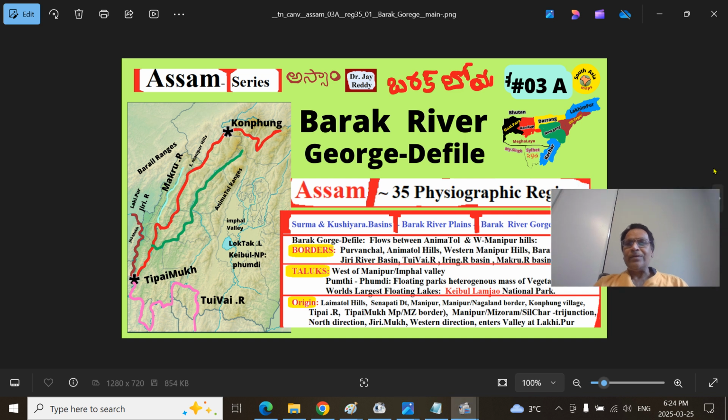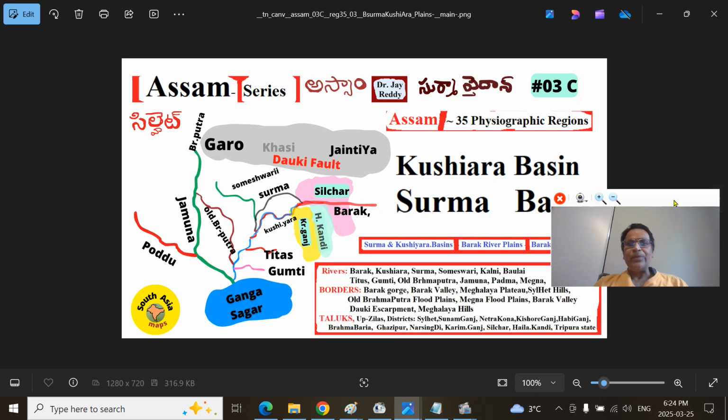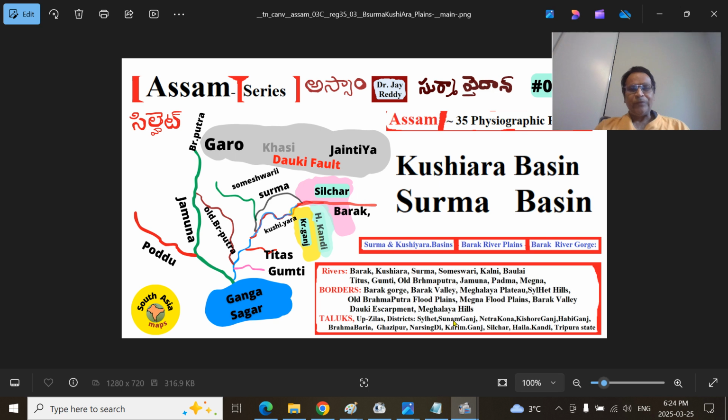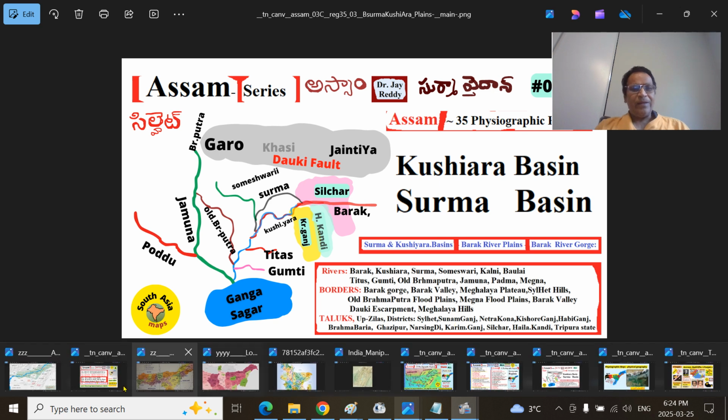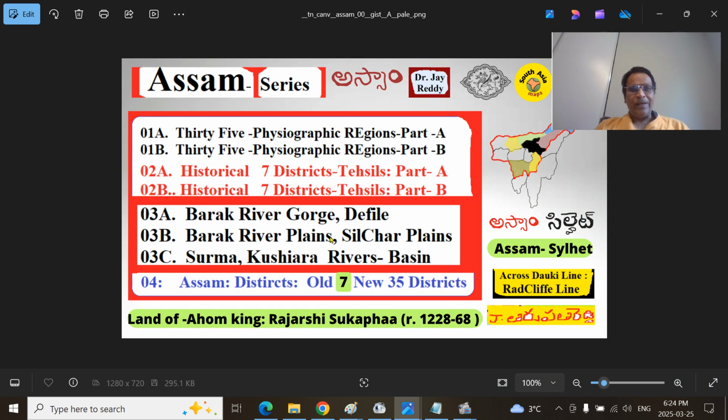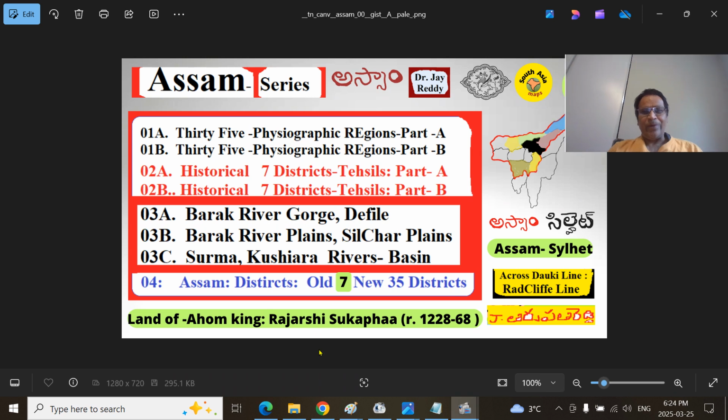So we are covering today this Kushiara Surma River Basin, and this is our Assam series, the land of Rajarshi Sukaphaa, Ahom ruler Swargadev, who reigned from 1228 to 1268.